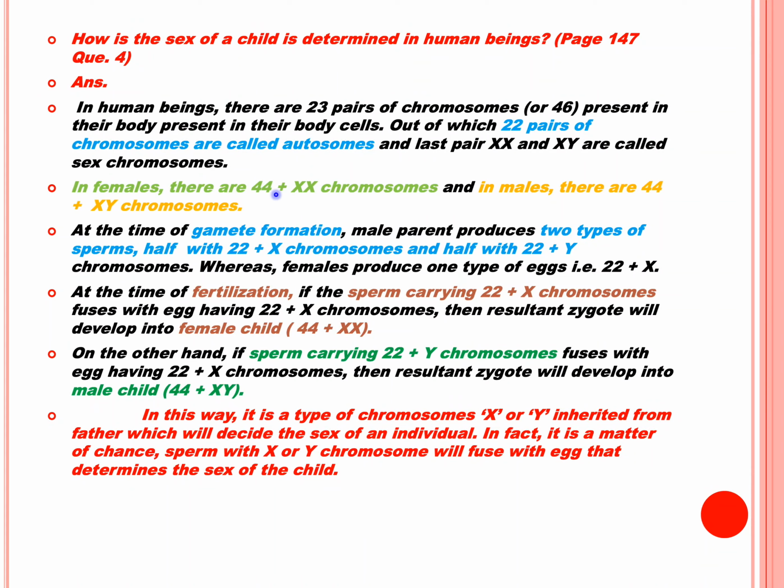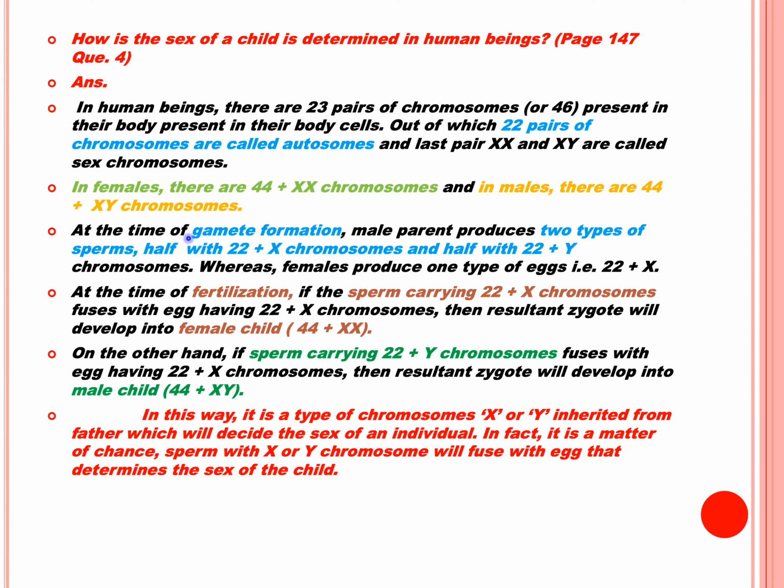Similarly, you can be asked the genotype of human females and males. Genotype of human females is 44 plus XX chromosomes and genotype of human males is 44 plus XY chromosomes.